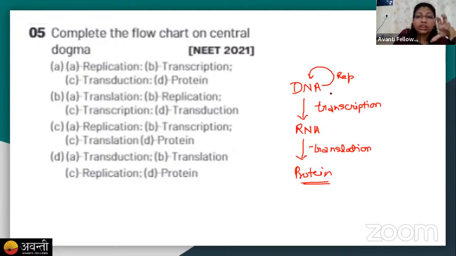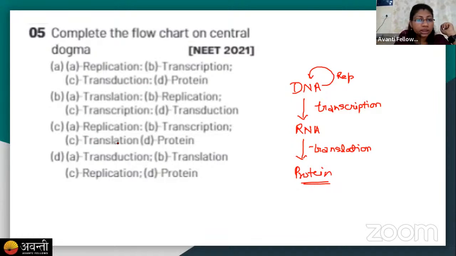Let's find out where these four steps are given. In option A, it is given replication, transcription, transduction. Transduction is not correct. Transduction is a process of transfer of DNA from one bacterium to another. It is a process of gene transfer, not a central dogma process, right?